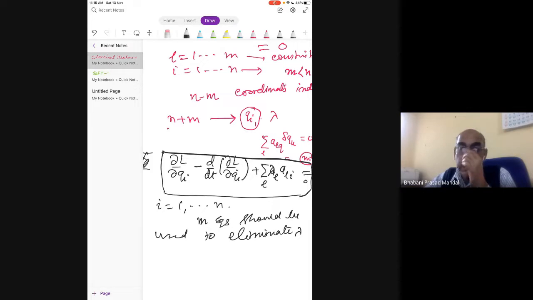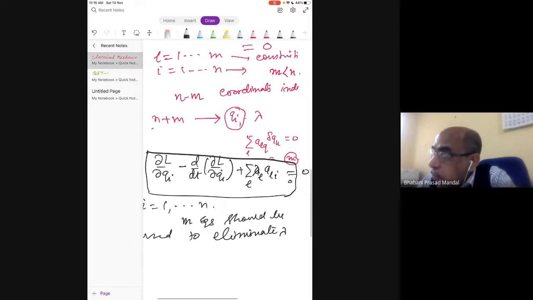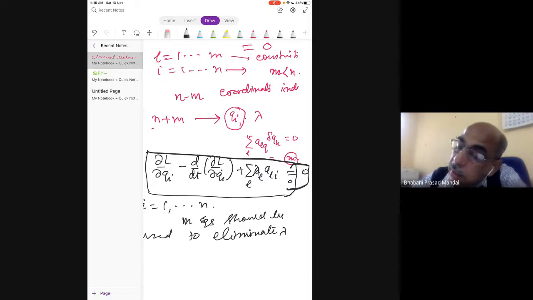Okay, so basically you should know that if a constraint is given, this can be equally valid for the holonomic constraint also. We'll consider some examples of holonomic constraints, and you'll find how to find the equation of motion directly from this equation.